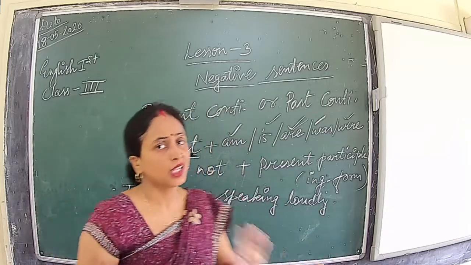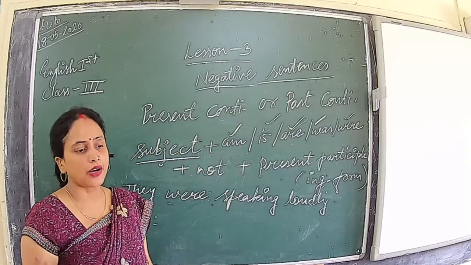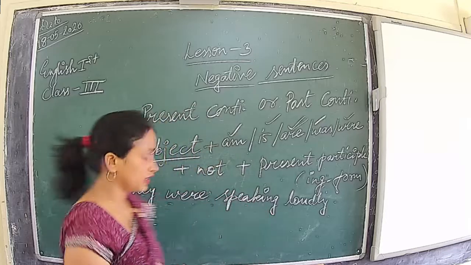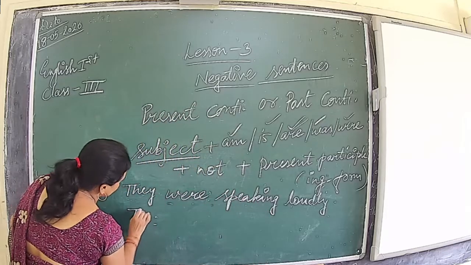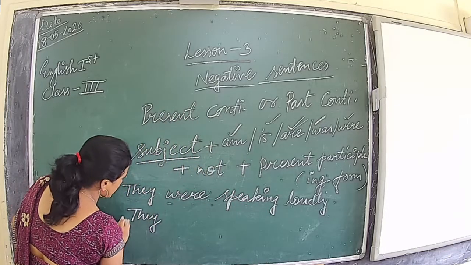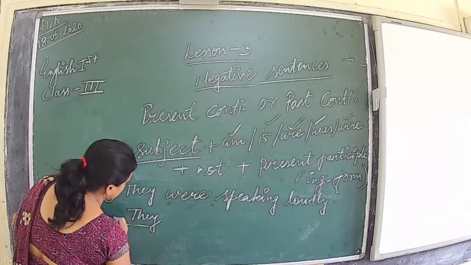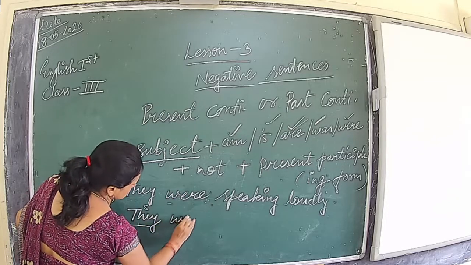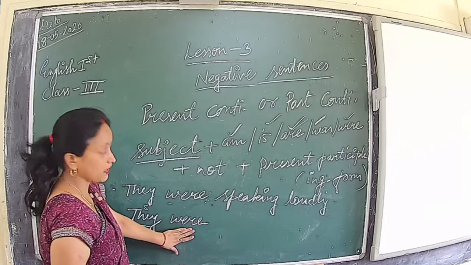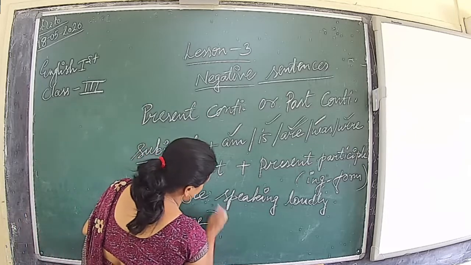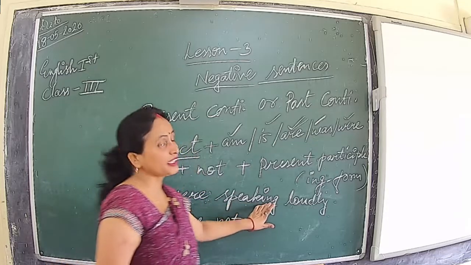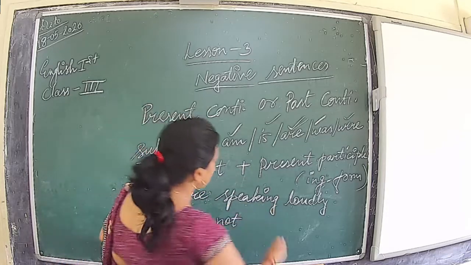So what will we write here? They were not speaking loudly. So they is the subject over here. Then "were" is the helping verb. They were. And after that, what do we have to write? Not. And speaking is the ing form of the verb.